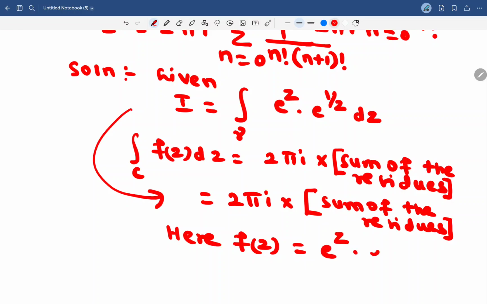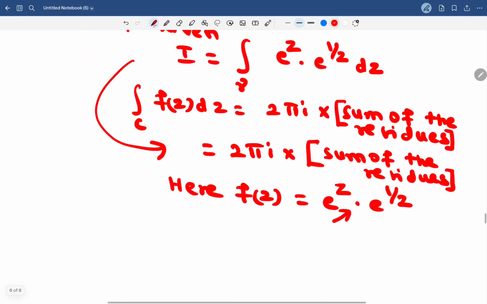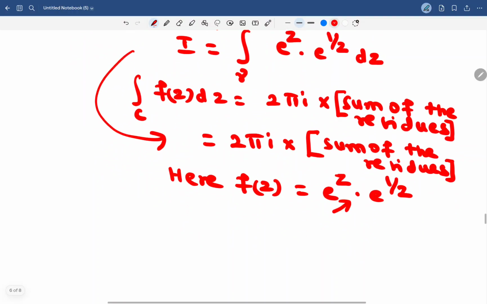It is e power z into e power 1 by z. How to find the residue for this function e power z into e power 1 by z?